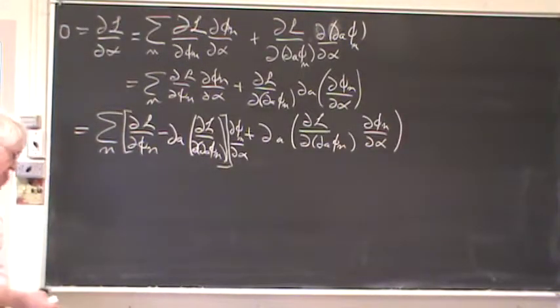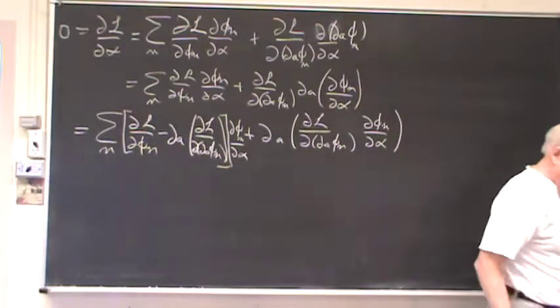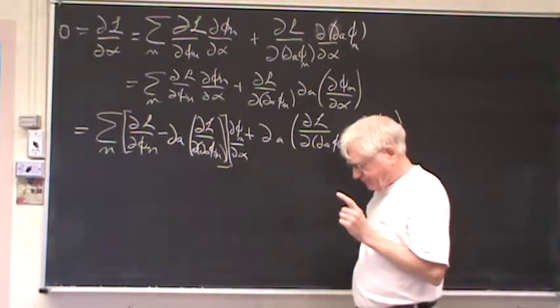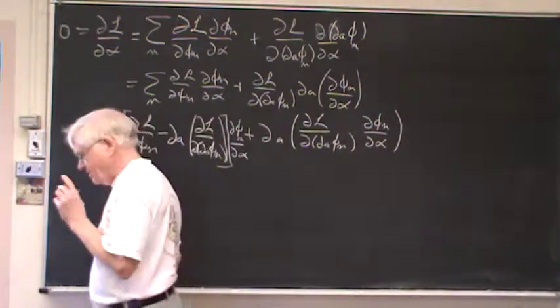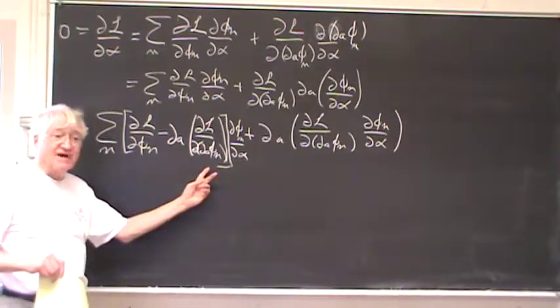Okay, now, here's the key point. Noether's theorem is about fields that obey the classical equations of motion, or equivalently fields that obey the principle of stationary action. So consequently, this thing vanishes.